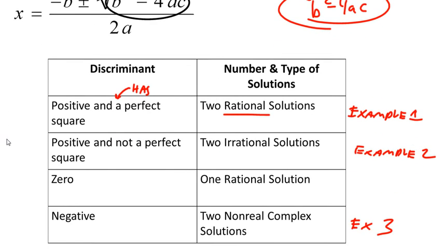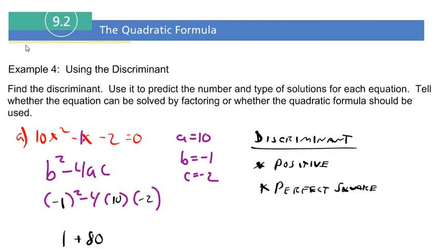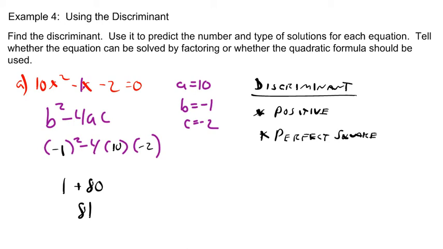According to our chart, if it's positive and it's a perfect square, then that means it's going to have 2 rational solutions. Okay, so it says use the discriminant to predict the number and the type of solution. So we can say that we're going to have 2 rational solutions.